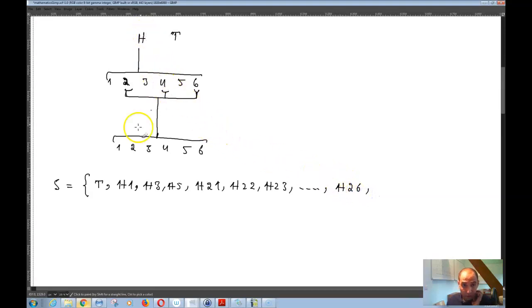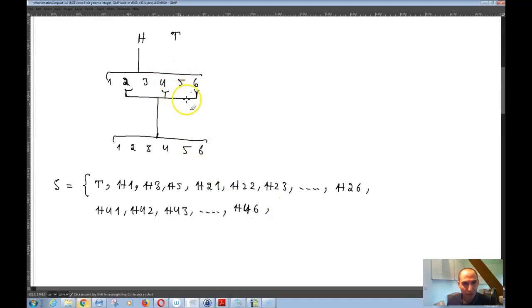Then again, you have H41, H42, H43, and so on and so forth, all the way up to H46.